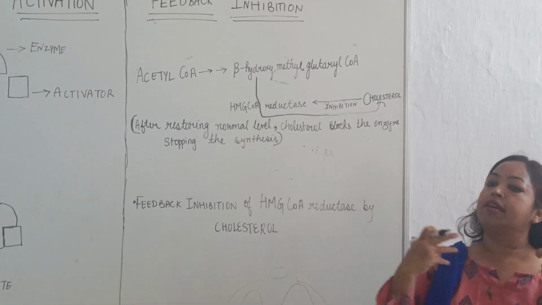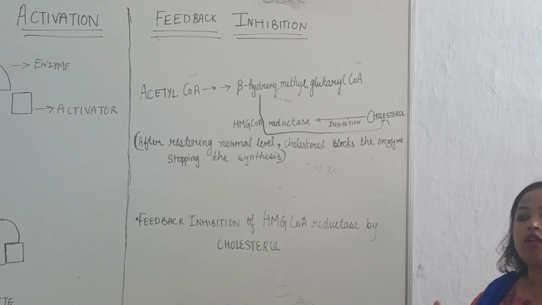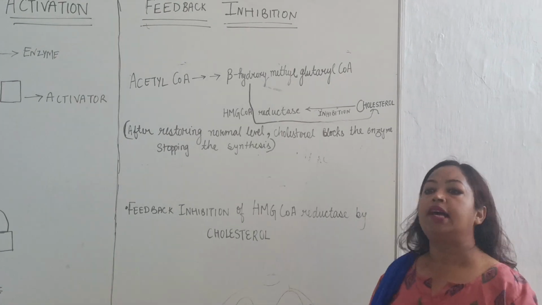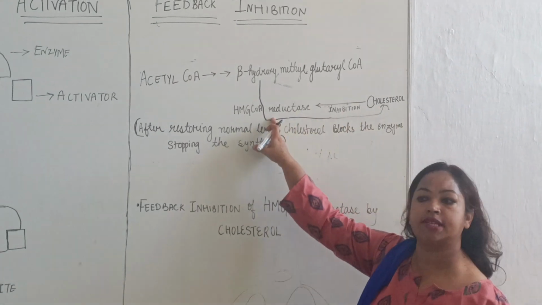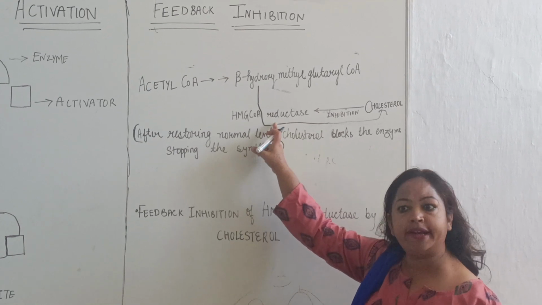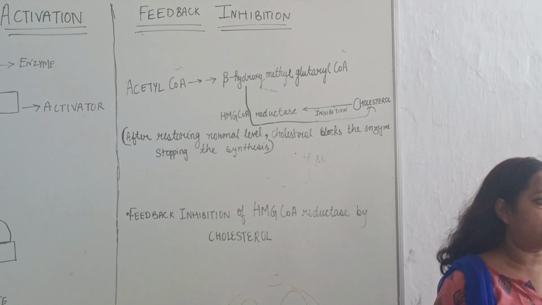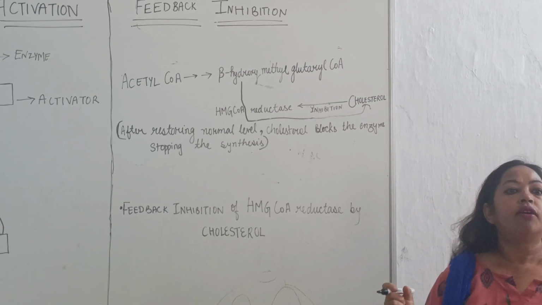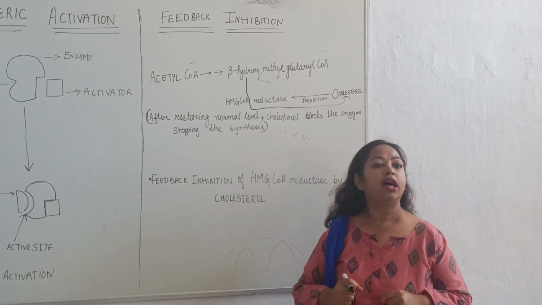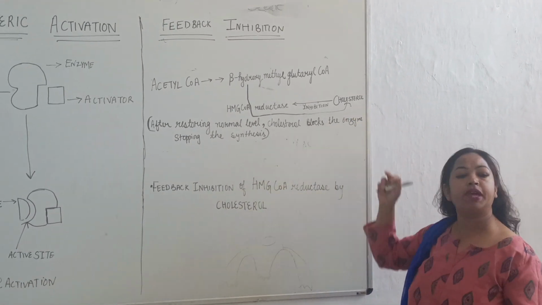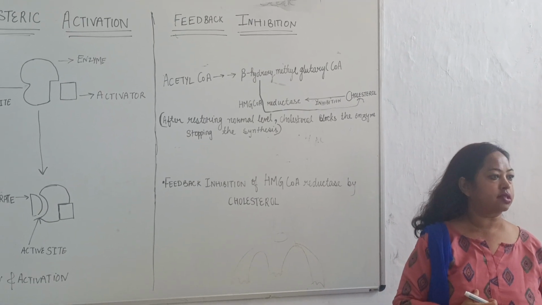But when there is excess cholesterol in the body, in our serum, a lot of cholesterol accumulates, then what cholesterol does is it inhibits this enzyme so that there cannot be further synthesis of cholesterol. Like when we have to regulate certain biochemical reactions where excess cholesterol will be harmful for us, it will cause problems for us.